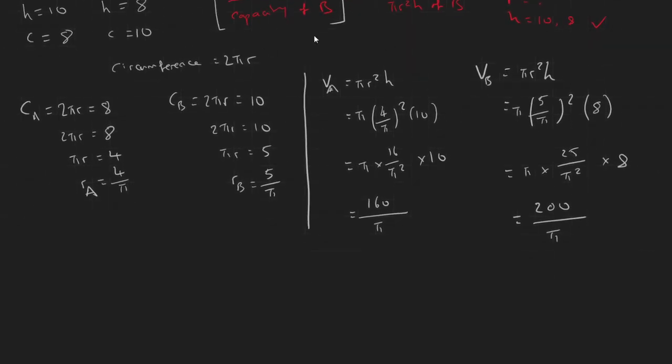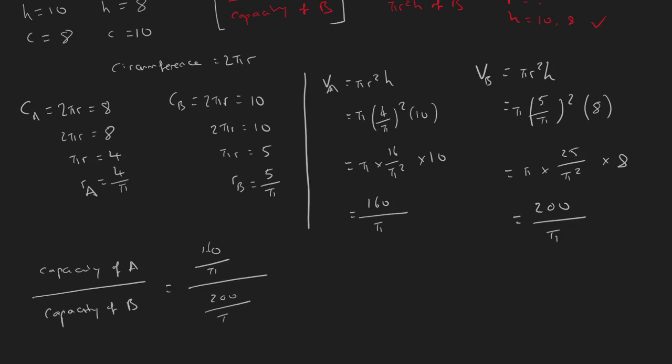Capacity of A divided by capacity of B, in other words volume of A divided by volume of B, gives us 160 over pi divided by what we worked out as 200 over pi. You'll quickly notice that the pi's cancel out, so we're left with just 160 over 200.